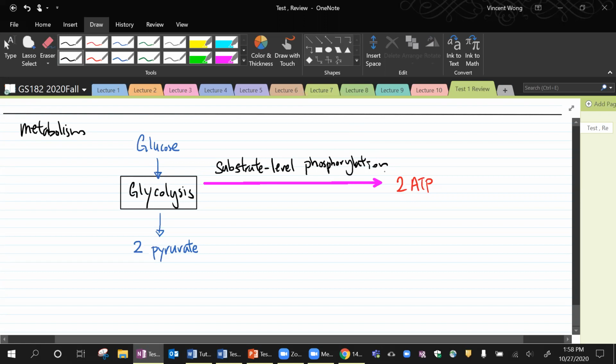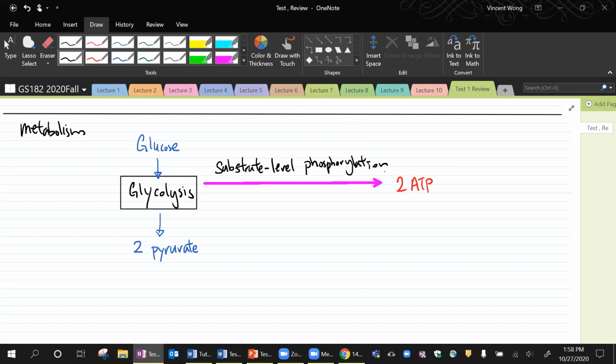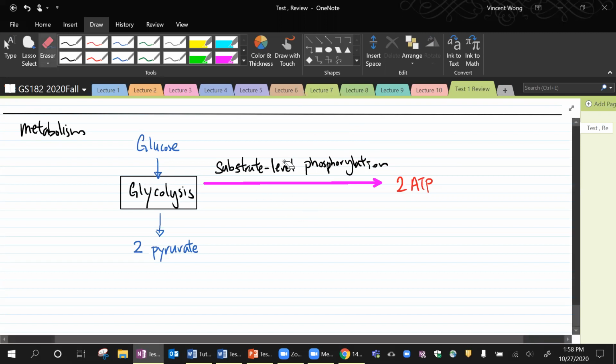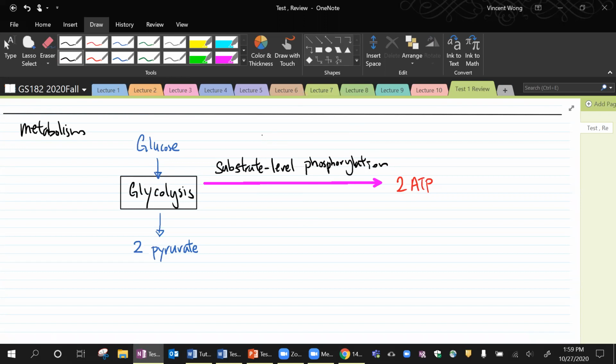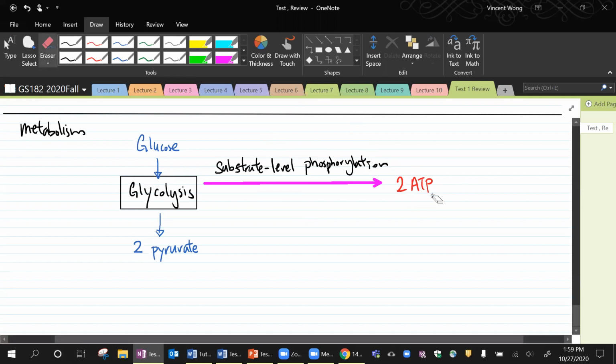So to phosphorylate is to transfer a phosphate onto something. Okay, so in this case, there's going to be an enzyme that takes a phosphate group from a donor molecule and transfers it onto ADP, generating 2 ATP.